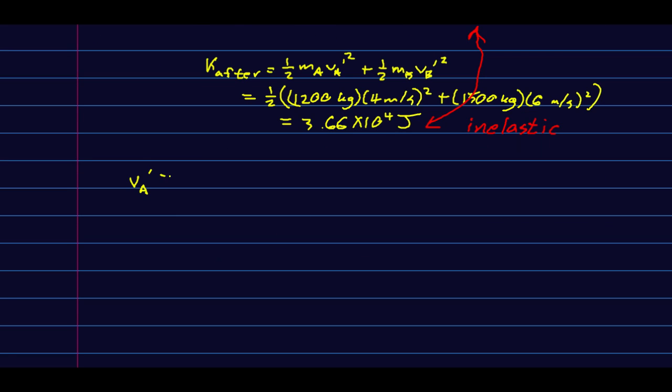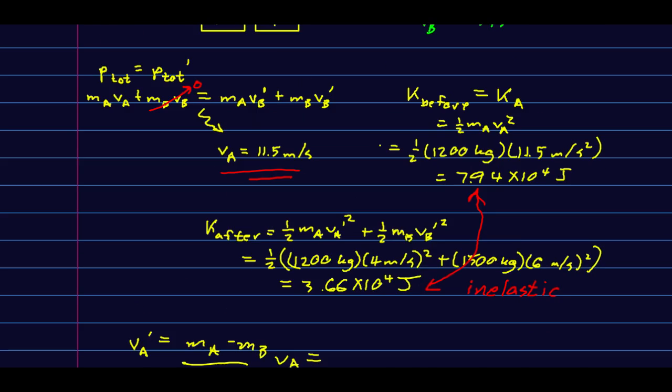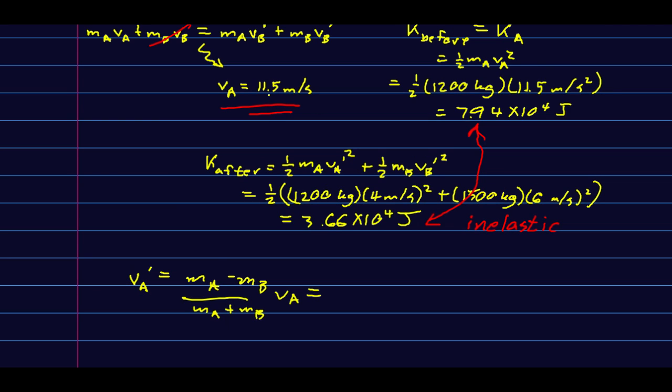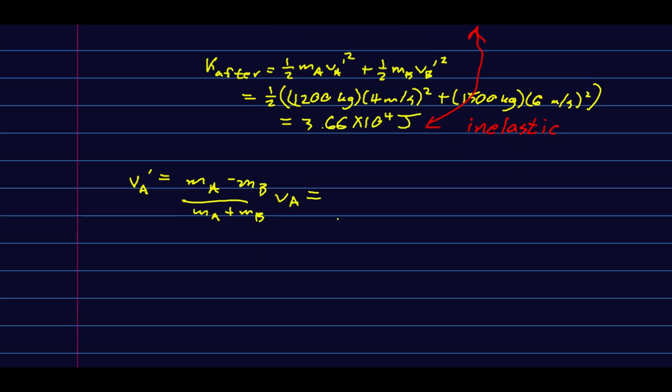So v_A prime is going to be (m_A minus m_B) over the sum of the masses times v_A. And you can go ahead and plug in those numbers: 1,200 kilograms, 500 kilograms, and the initial velocity of 11.5 meters per second.